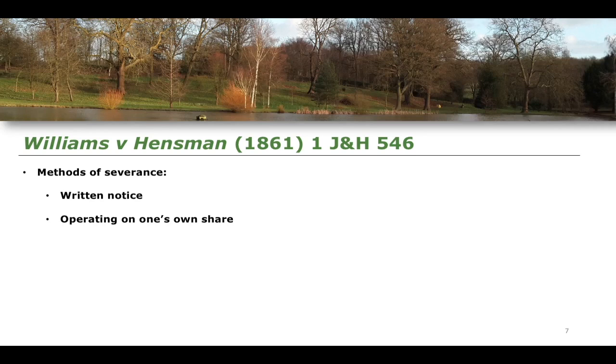So by acting on your own share, you perform some kind of action that would suggest that you are acting as a shareholder of the property, which would imply that you are not acting as a cohesive unit, which implies that you have severed to a tenancy in common rather than a joint tenancy. There's also mutual agreement between the parties for one of them or for all of them to sever. And then you have mutual conduct, which is similar, where rather than coming to an agreement, it is just the conduct of everybody involved that leads to the conclusion that people have severed.